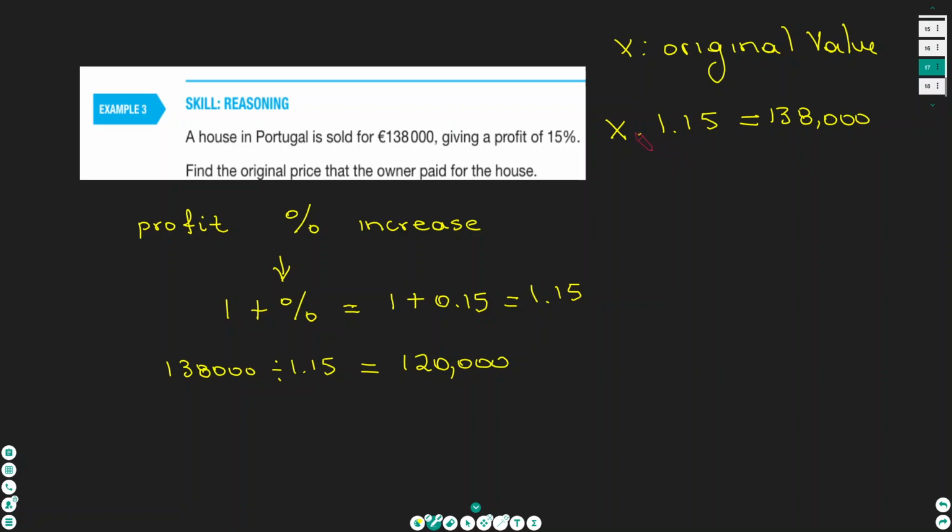So to find x, we need to use inverse operations on both sides. We divide both sides by 1.15, and then we find x. And x is the original value of the house. Therefore, x is 120,000. This is an example of a percentage increase problem.